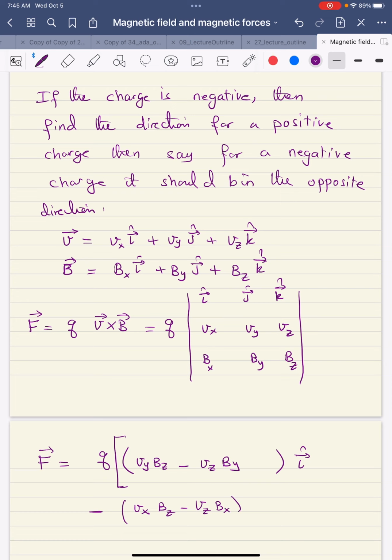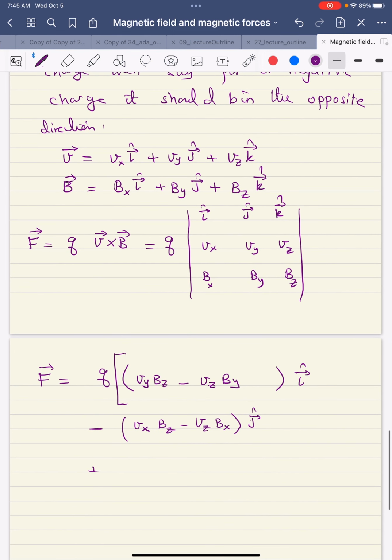Please review that from your physics 201. Plus the last one is going to be VxBy minus VyBx, and that is k, and this is how we calculate the vector that represents F.